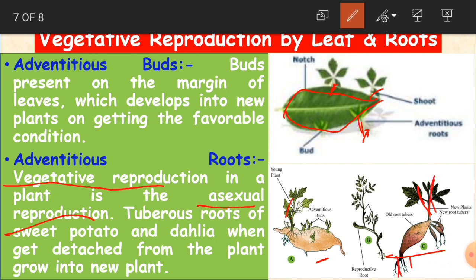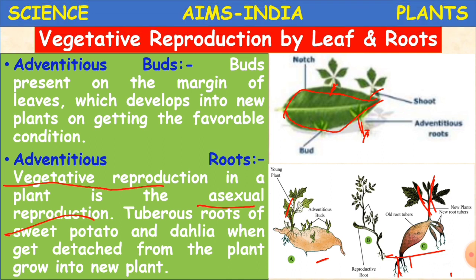So this is how these tubers also give birth to a new plant. Even dahlia, children, with beautiful flowers available in different colors, also reproduces in the same way. So the plant gives birth to another plant in this procedure. Clear?